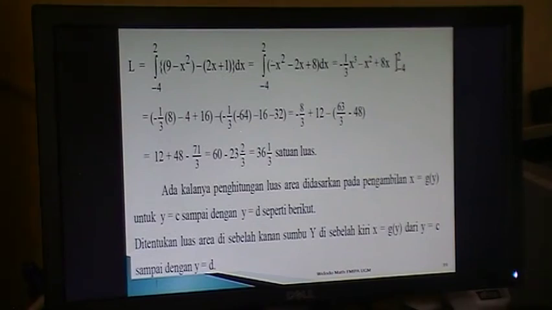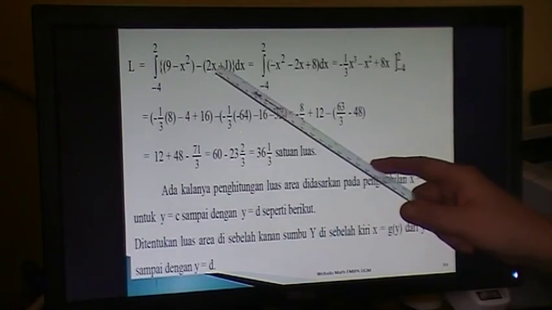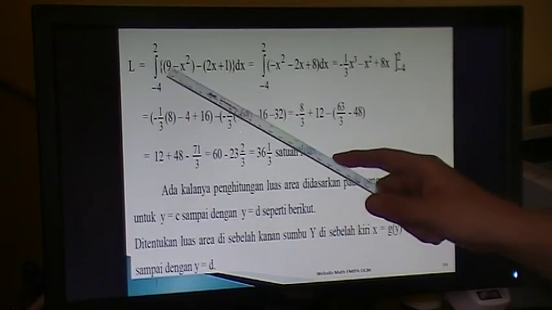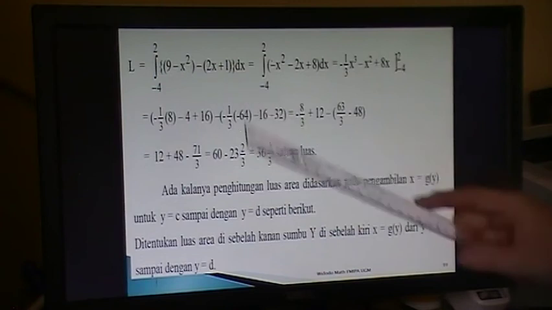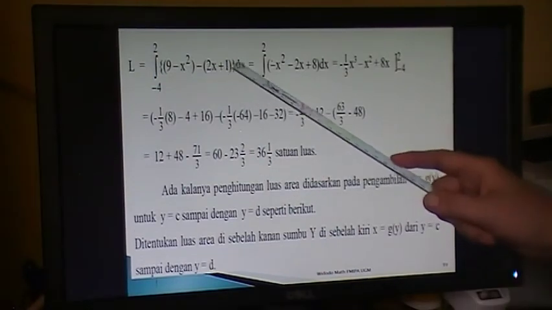So the L is actually equal to the integral of the above function minus the below function. The above function is 9 minus x squared. The below function is 2x plus 1.